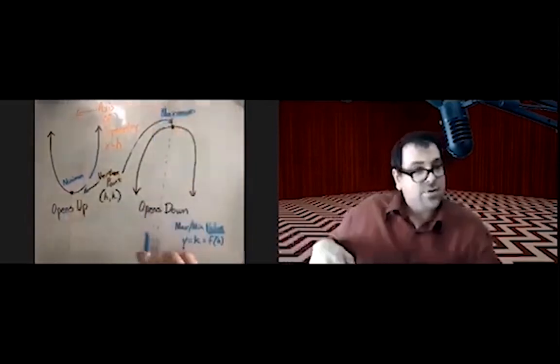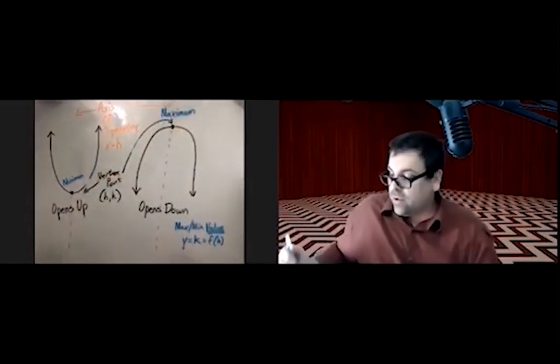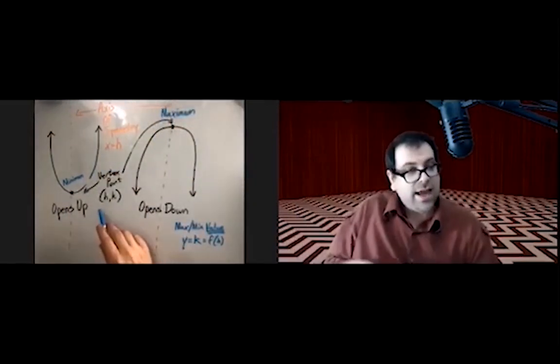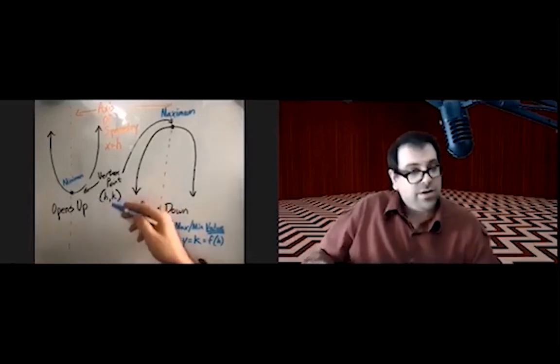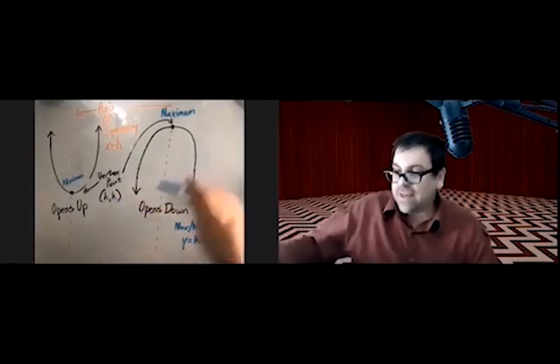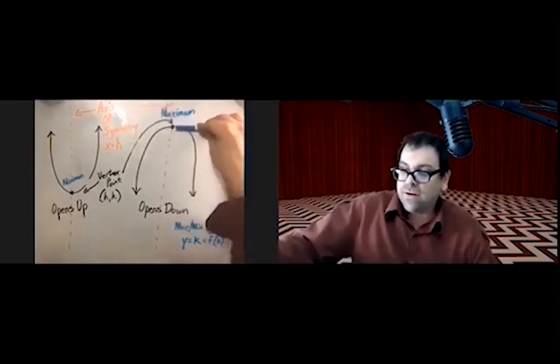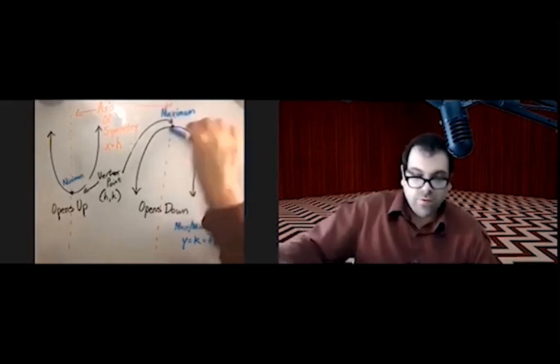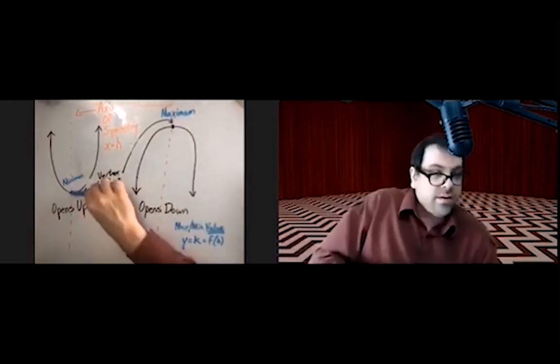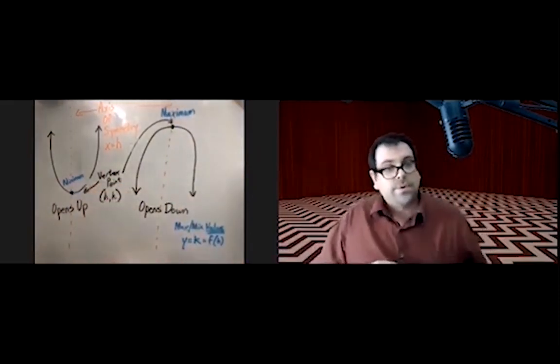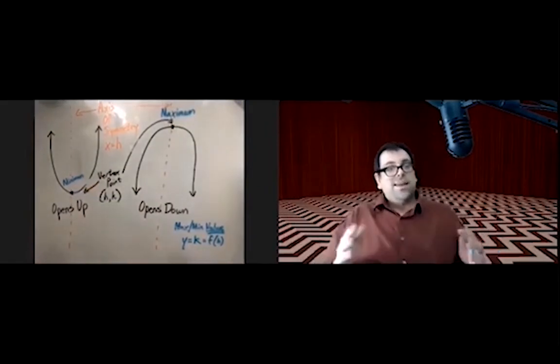That's the axis of symmetry. Y equals k, plugging h into the function to get its output. That's going to give us the value. It's going to give us the y coordinate up here, or the y coordinate down here. So you see we're kind of bookending here.